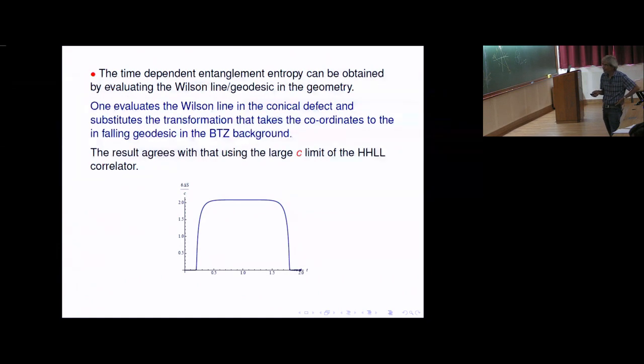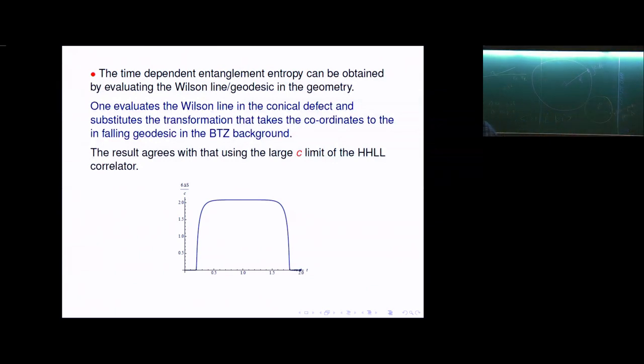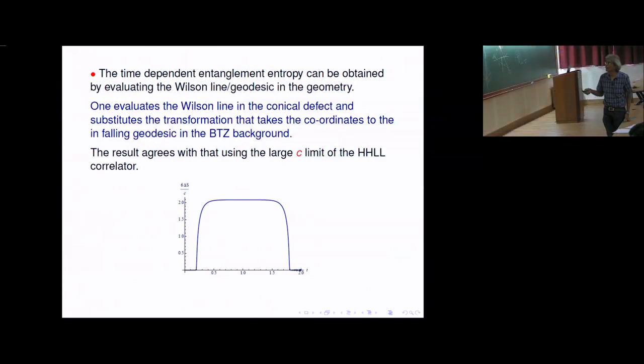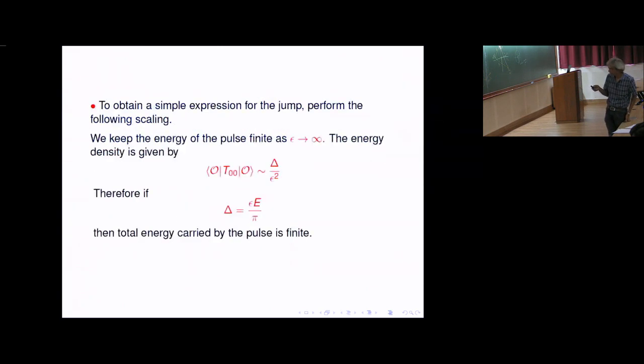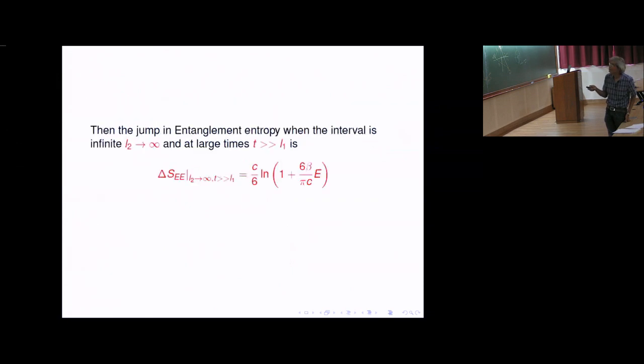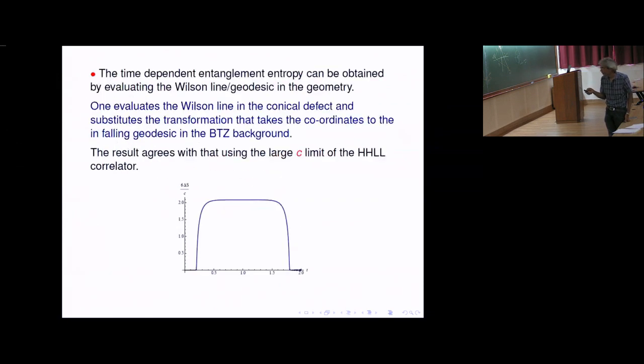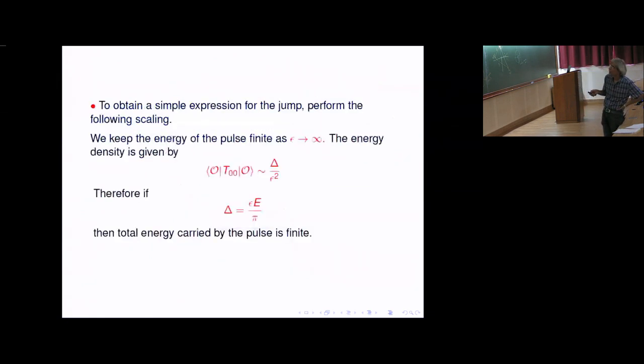You remove the finite temperature entanglement entropy of this interval, and you observe it in time, and it jumps in this particular manner. This jump is here.